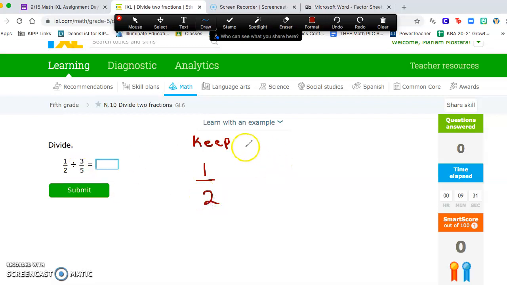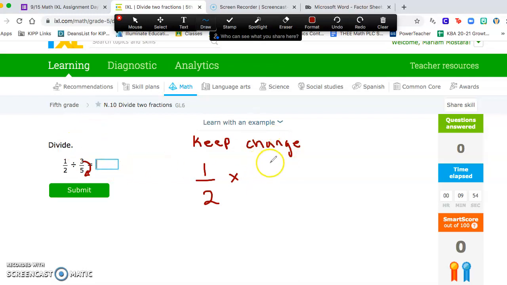And instead, we change, so this would be change. So we change division to multiplication. And because we change division to multiplication, we flip the second fraction.